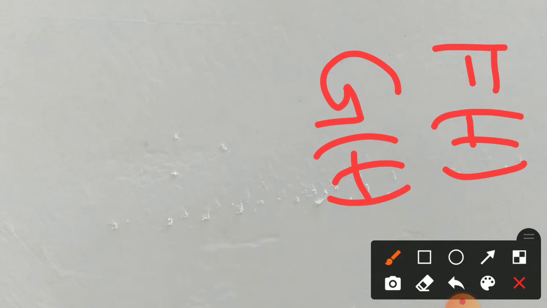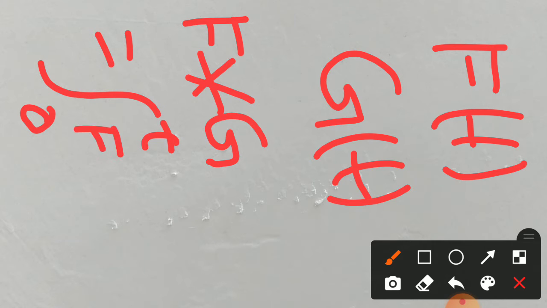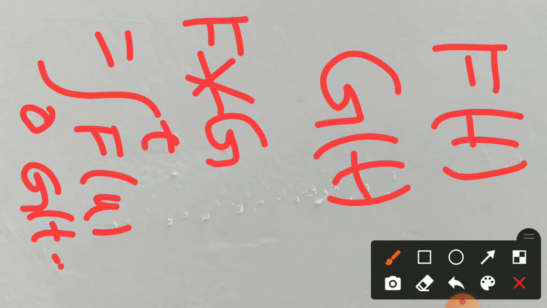Then the convolution of them is denoted and defined as f star g is equal to the integral from 0 to t of f(u) g(t minus u) du.